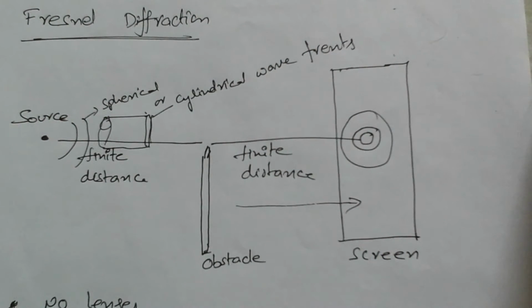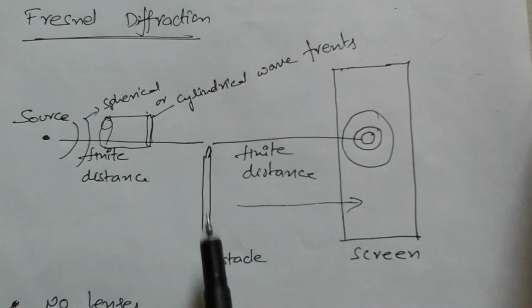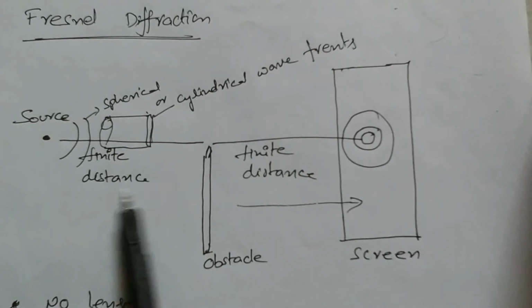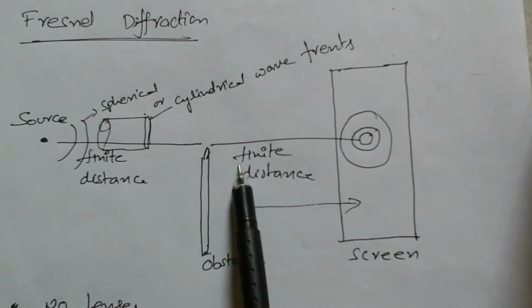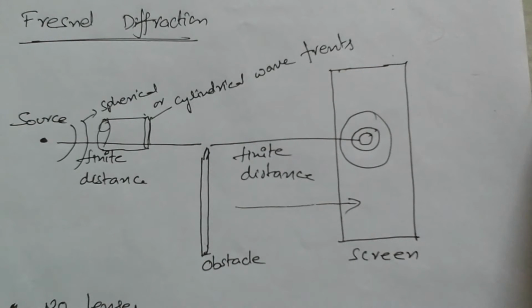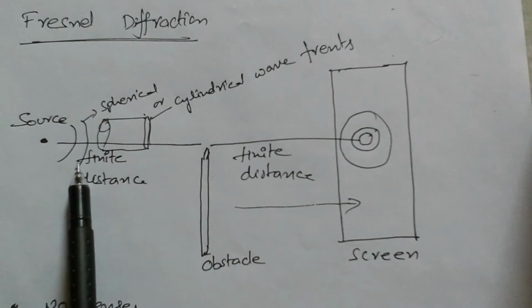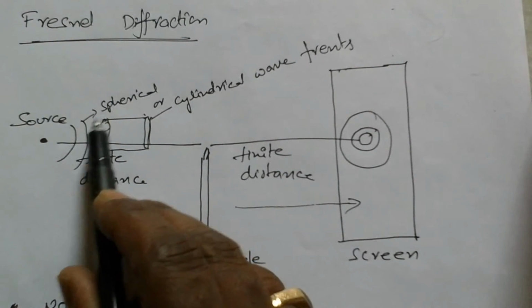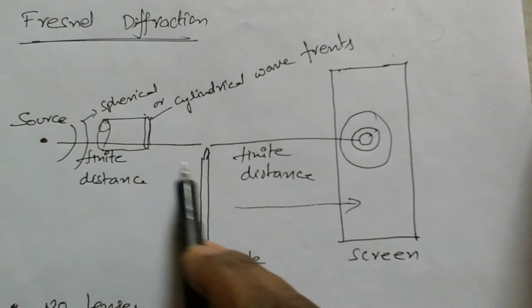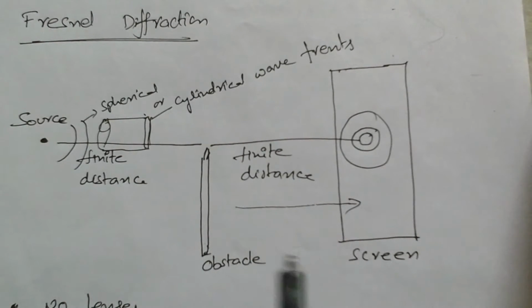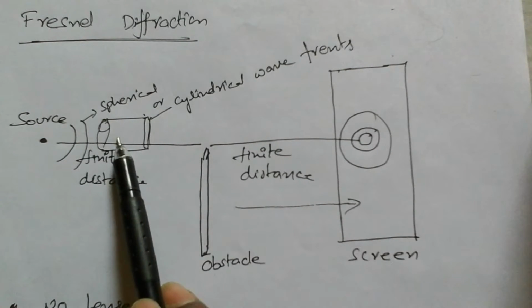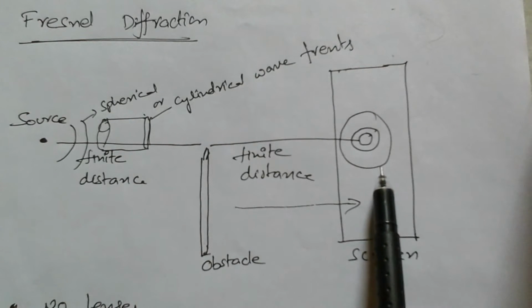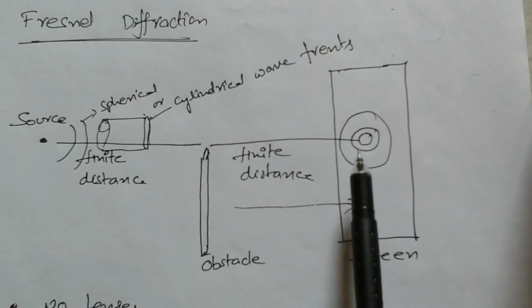These are the main equipments you have to take. The source to obstacle distance is finite, and from obstacle to screen the distance is finite. So from the source, spherical or cylindrical wavefronts will fall on the obstacle. Again, from obstacle to screen, the same spherical or cylindrical wavefronts fall and form the diffraction pattern like this.